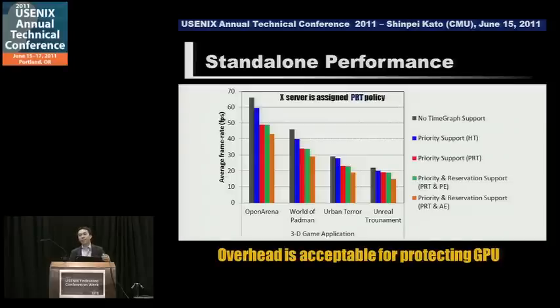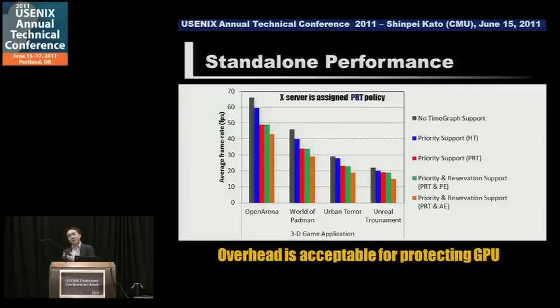So about 50% overhead must be imposed if you want to strictly block the execution of competing workload.